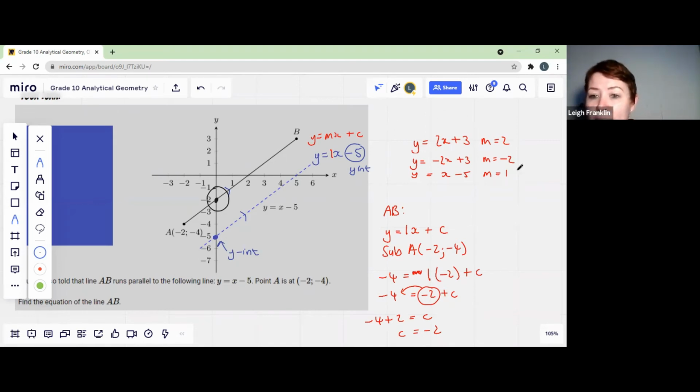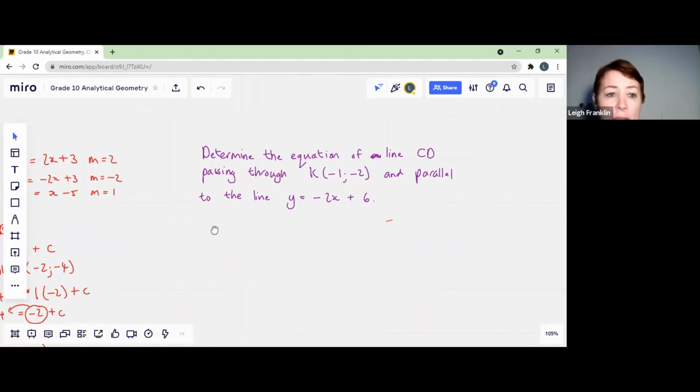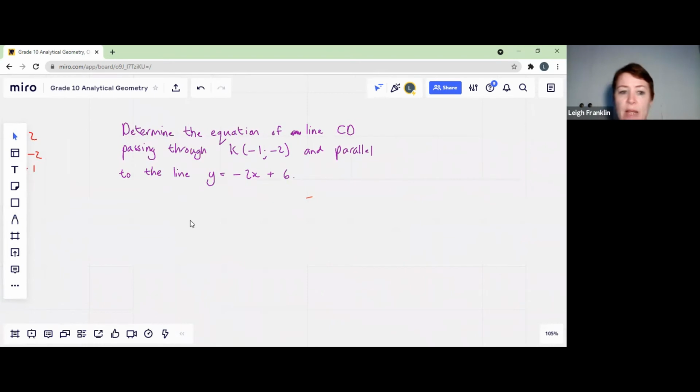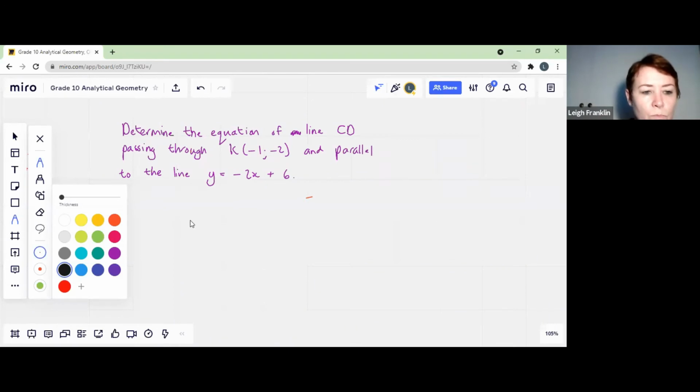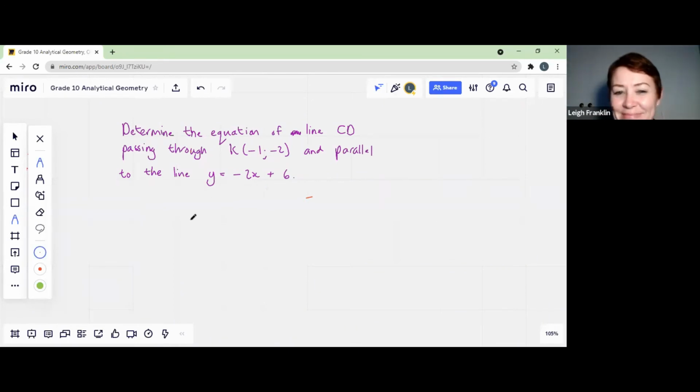In the same way, Maya, if you have a look over here in this question, there are two lines in this question. There's the line y equals minus 2x plus 6. And then there's line CD. So there's two lines. What is the gradient of the line that's given? Sorry, is it -2?